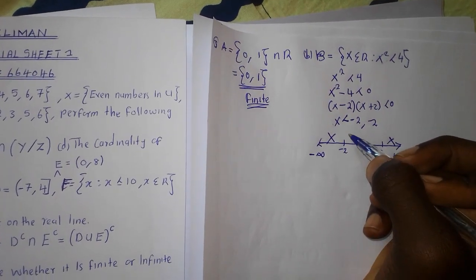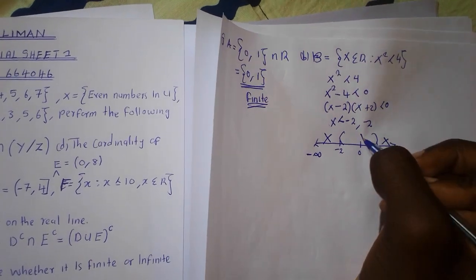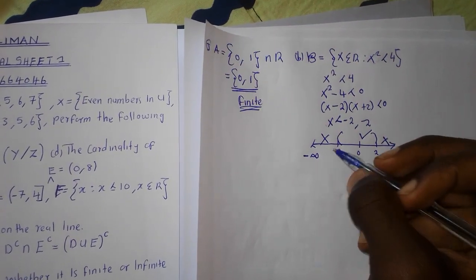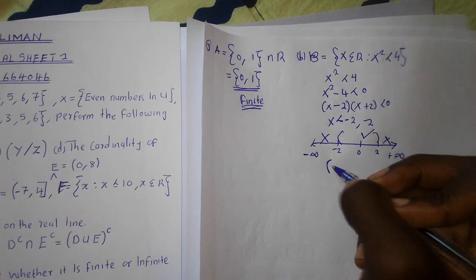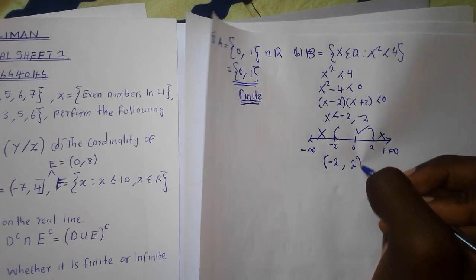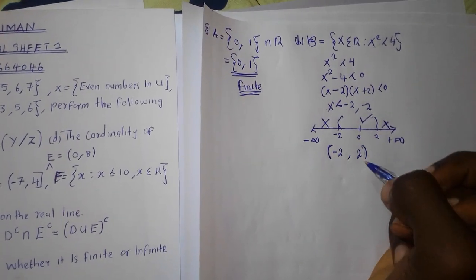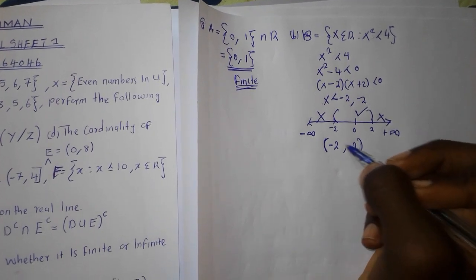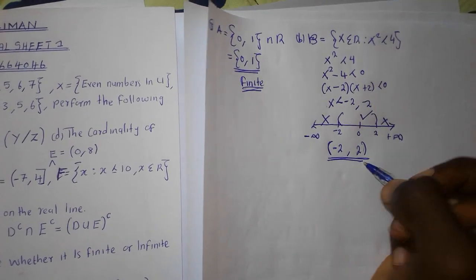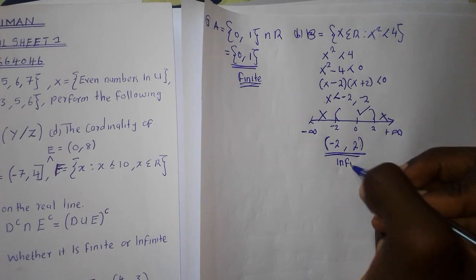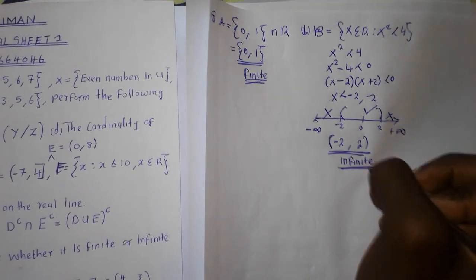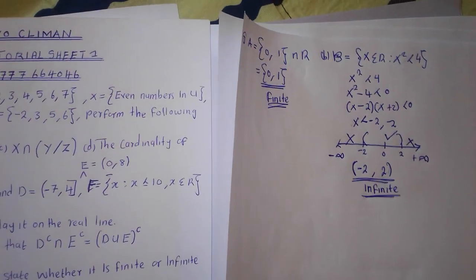But if you put numbers in between these two, you discover that it's going to hold. Therefore, we can say that the only numbers that we have are negative 2, 2. Now, we are using this bracket because there might be some numbers in between. Therefore, we can say that this set is infinite. Okay? This set is infinite.